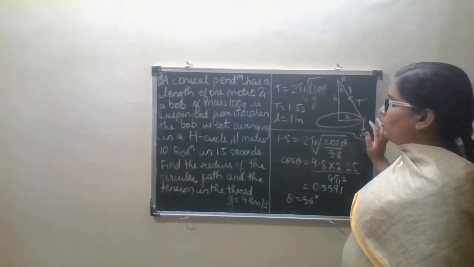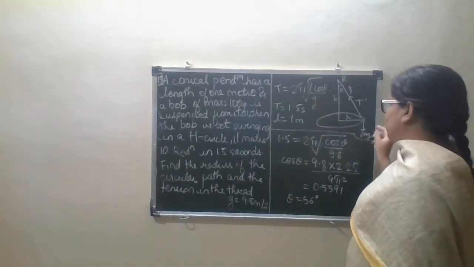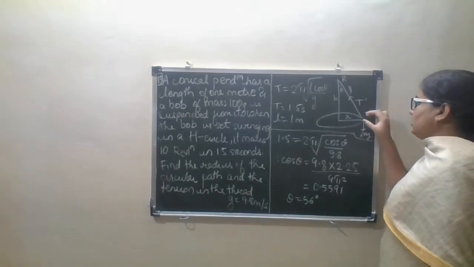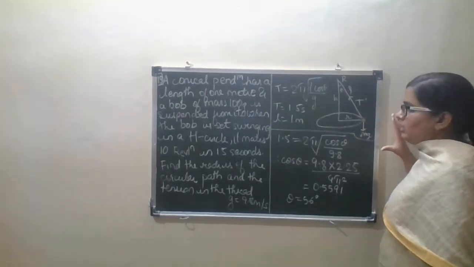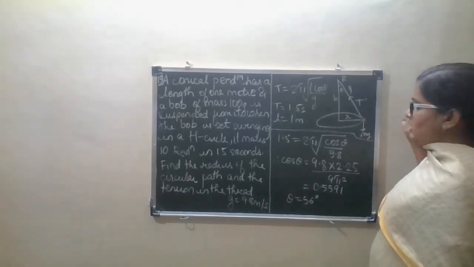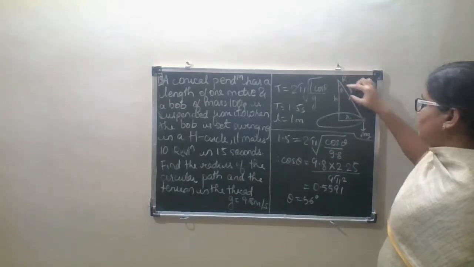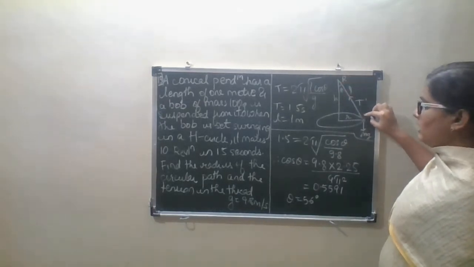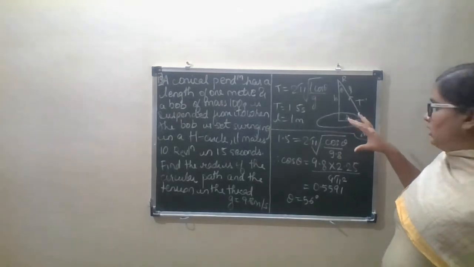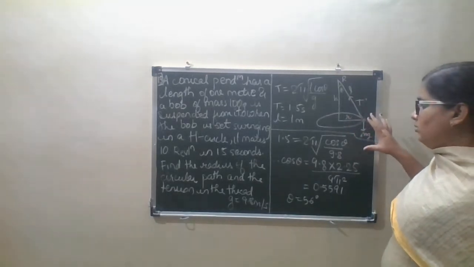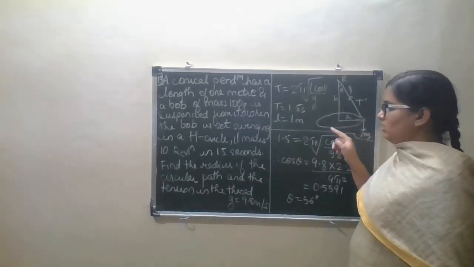When the bob is taken to this side at a length of 1 meter and then swung, it is moving in a horizontal circle.